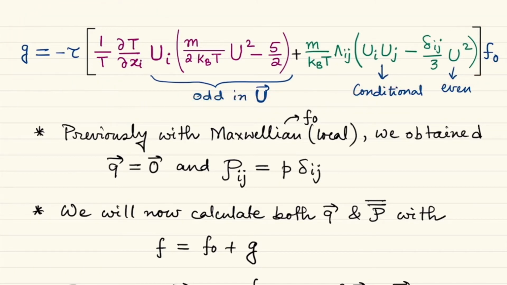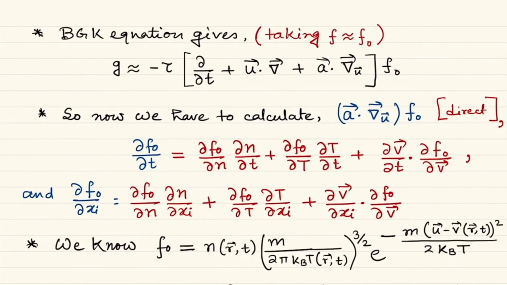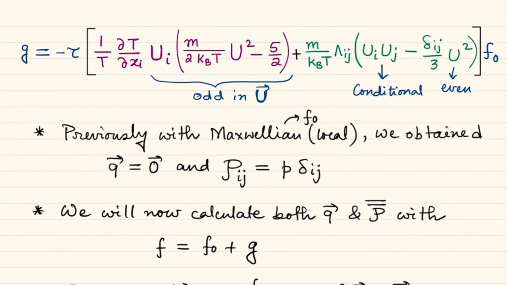It may look a bit lengthy or bulky, but believe me, if you try to understand segment wise, this is quite interesting. One thing you can see is that G has minus tau over here and minus tau over here.